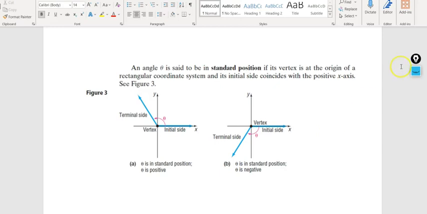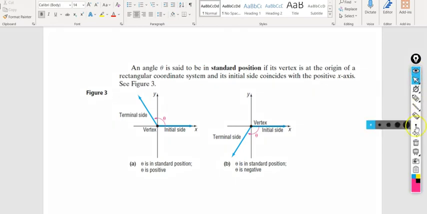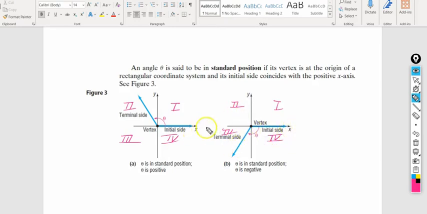Okay. Then we also learned or reviewed about the quadrants. So the quadrants here: quadrant 1, quadrant 2, quadrant 3, and quadrant 4. And so the terminal side determines which quadrant it's in.